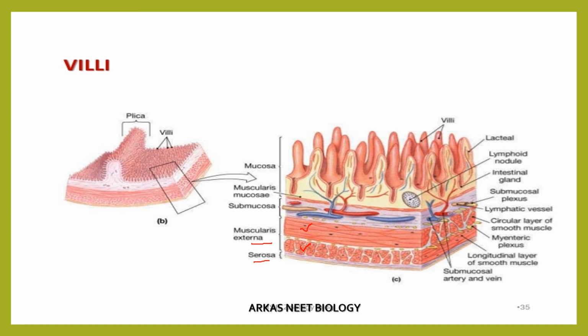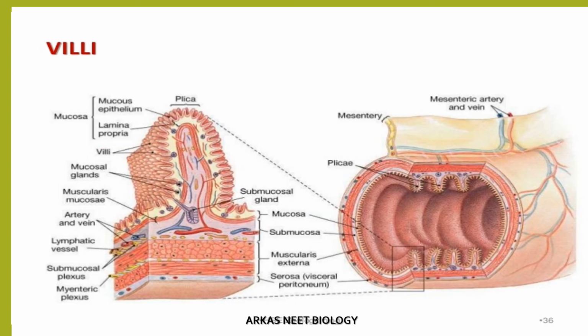And the inner region consists of finger-like projections called villi, which increase the surface area of absorption. Here you can see how the villi are present. All four layers along with the mucosa are clearly explained. And the fine fold-like projections towards the lumen are called plicae.